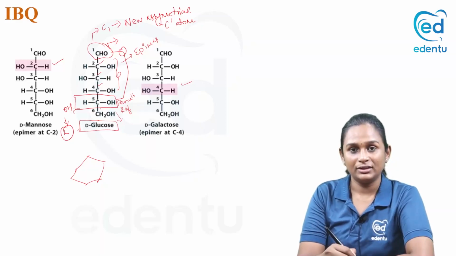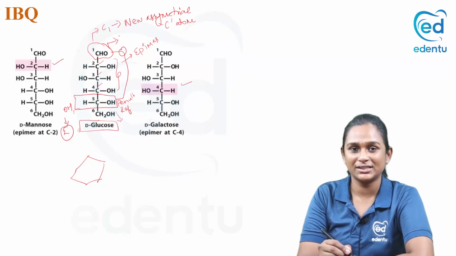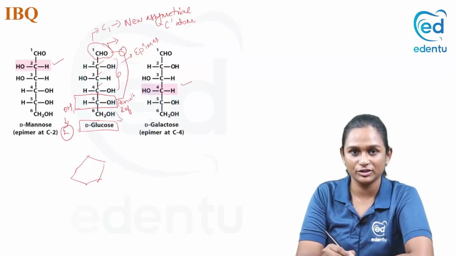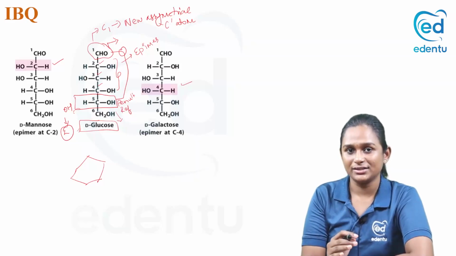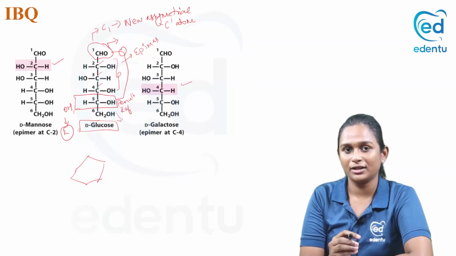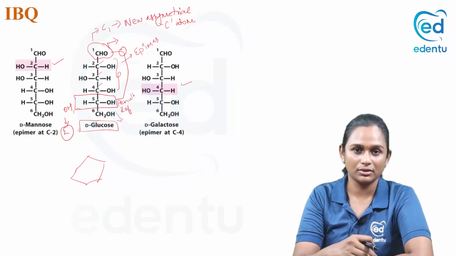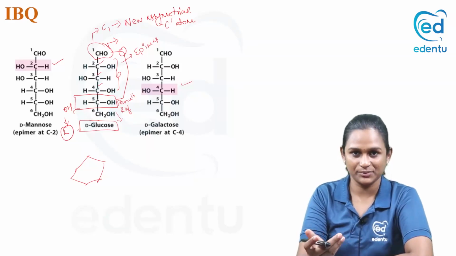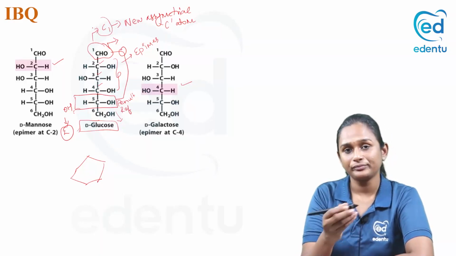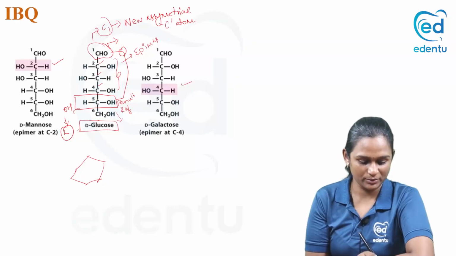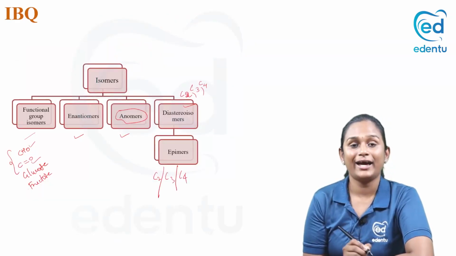When this penultimate carbon atom forms a hemiacetal link with the functional group, it results in an additional asymmetrical carbon atom. An asymmetrical carbon atom is a carbon atom whose four valencies are compensated by four different atoms. So a new asymmetrical carbon atom is formed at the C1 position, and that is called an anomer.